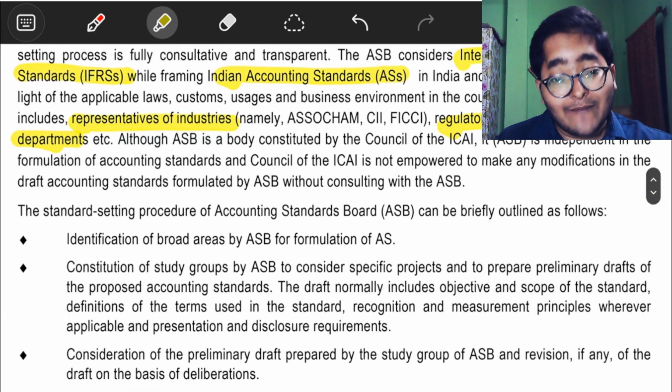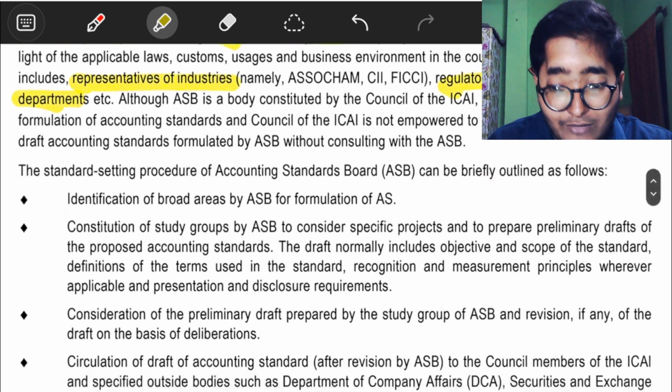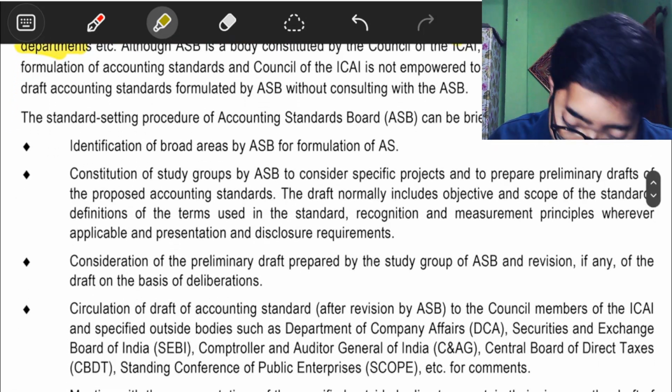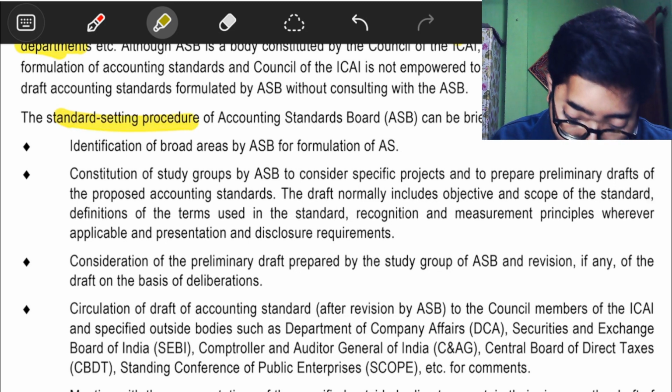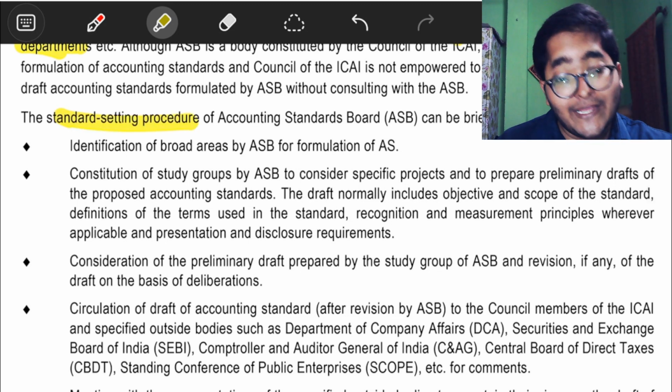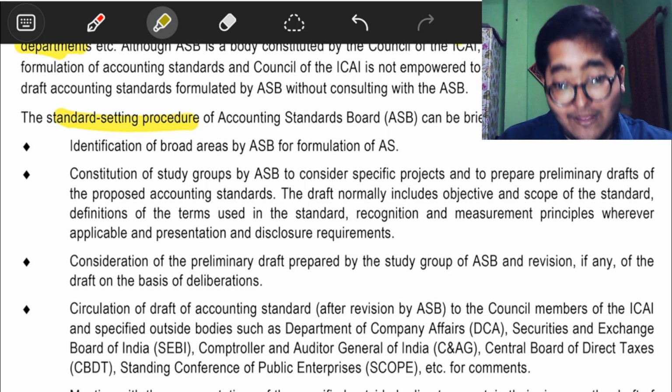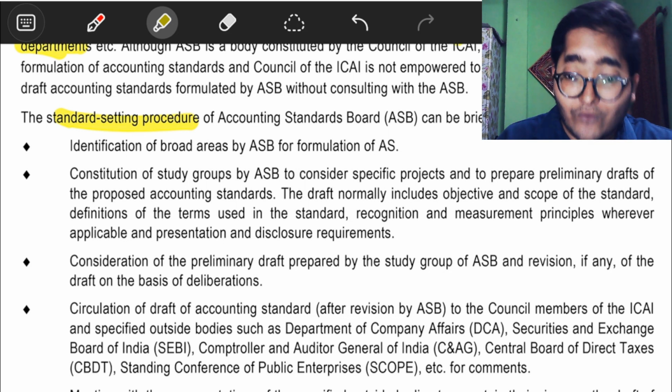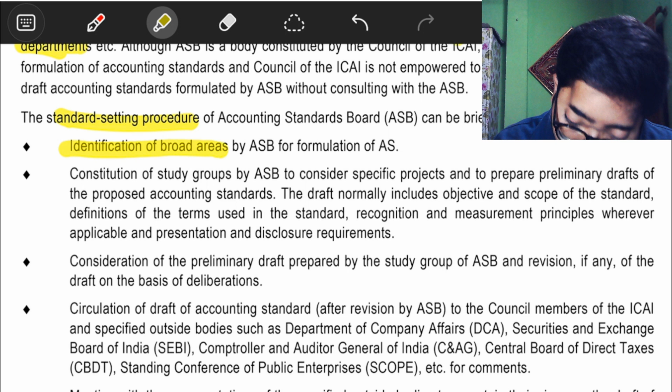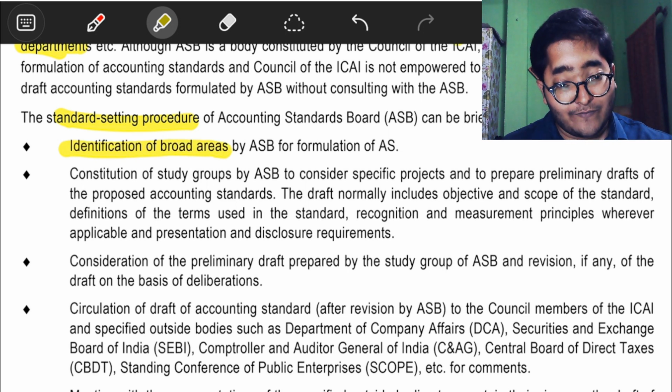The standard setting procedure of Accounting Standards Board can briefly be outlined as follows. Number 1, identification of broad areas by Accounting Standard Board for formulation of accounting standards.